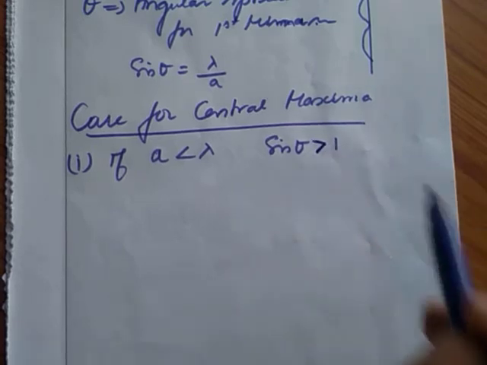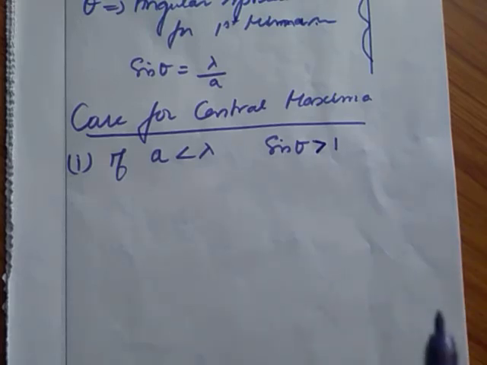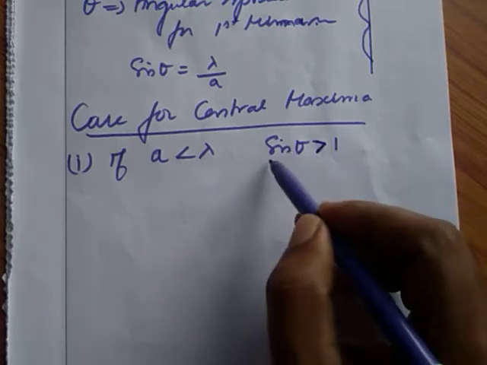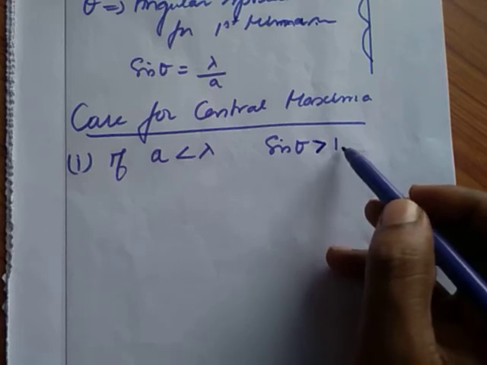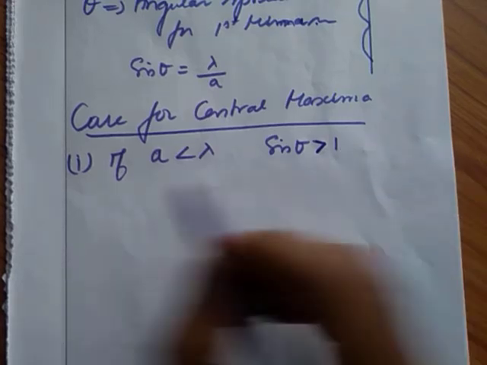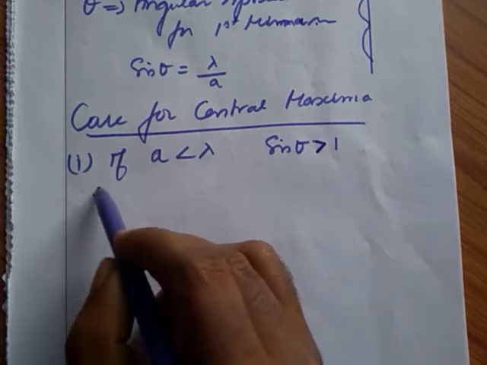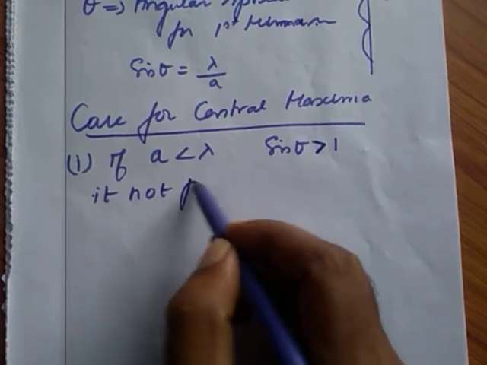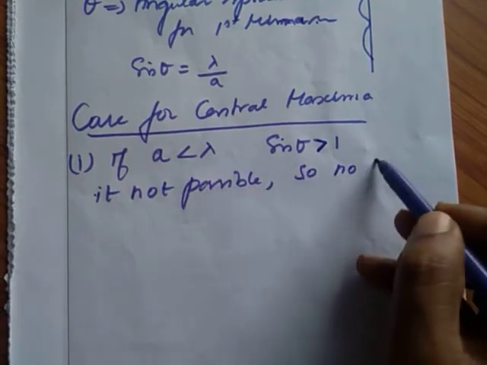We know the maximum value of sin is 1. So here we are getting sin theta greater than 1. It is not possible. So no diffraction.